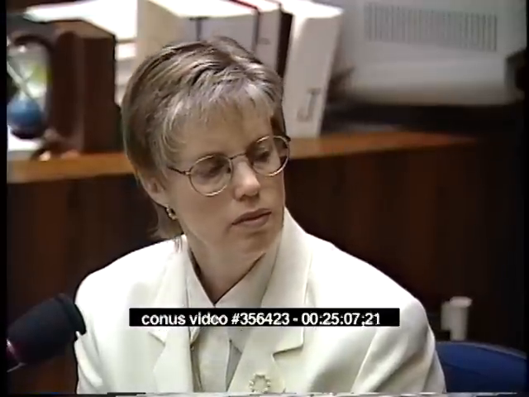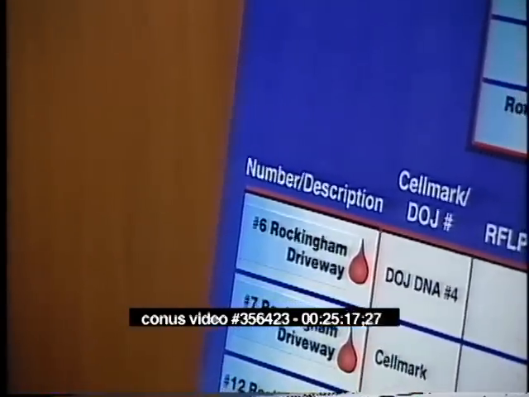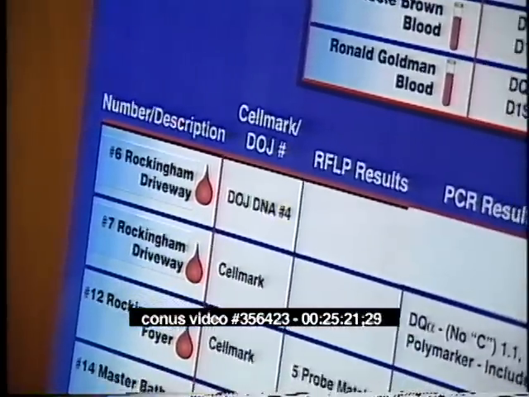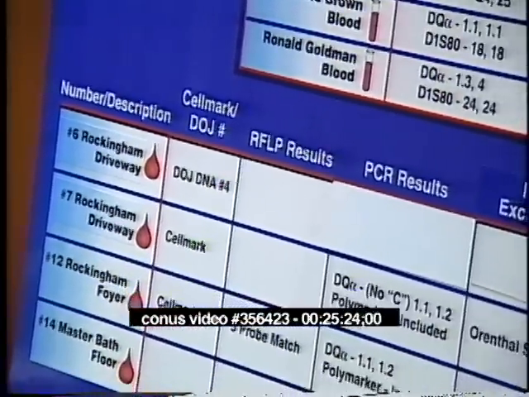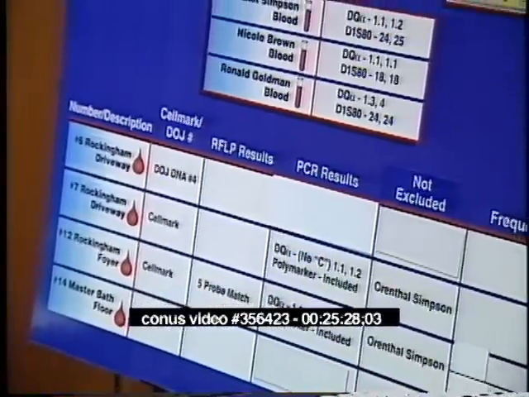Dr. Cotton, I'm referring you to the Rockingham driveway stain, item number 7. Did you calculate a frequency for those characteristics that are consistent with Mr. Simpson from that blood stain? Yes, we did. And was that for polymarker alone because of the absence of a C dot on the DQ alpha results? That's right.